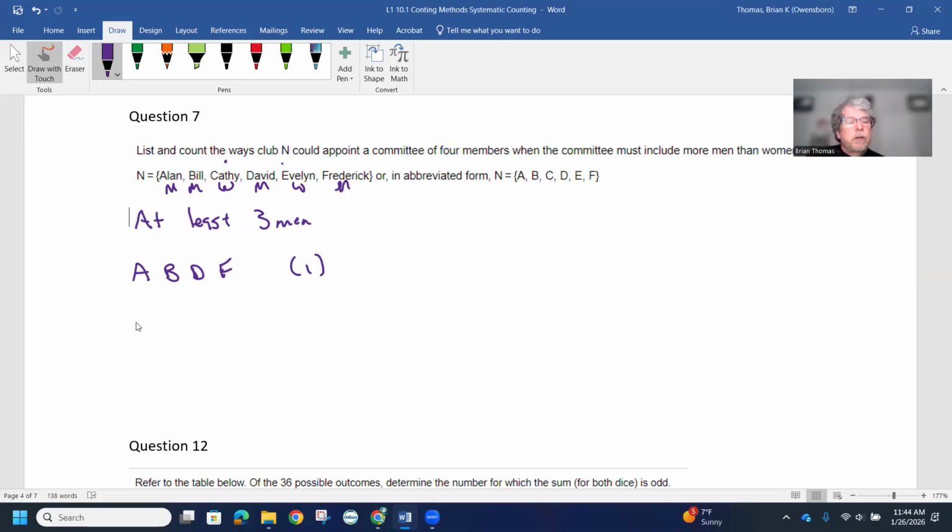So from there, if we look at the men, we do have Alan, Bill, David, and Frederick. But notice how we just want to choose 3 this time because we have to have at least 3.